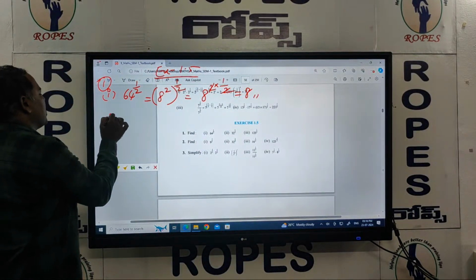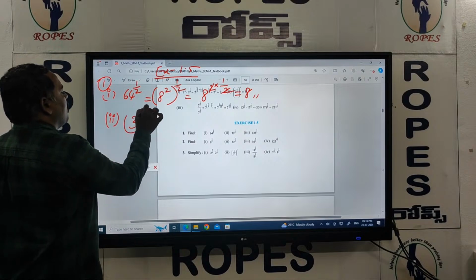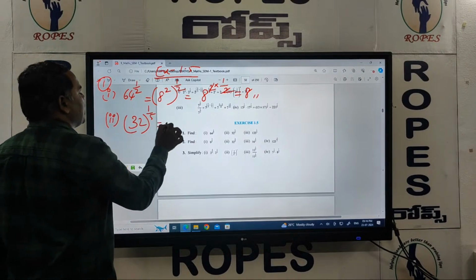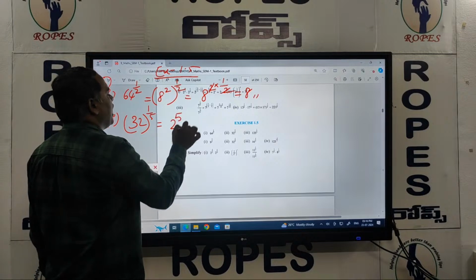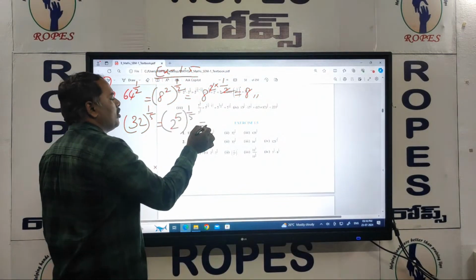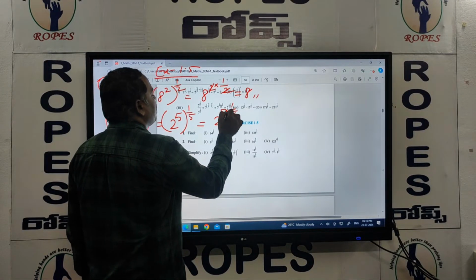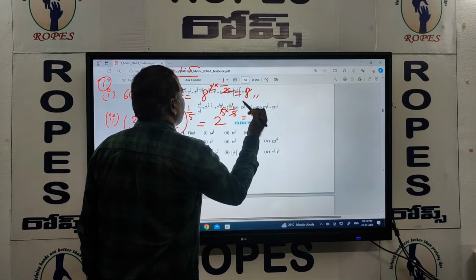Next, second one. 32 power 1 by 5 is given. 32 we can write as 2 power 5 whole power 1 by 5. It is in the form of a power m whole power n, so we can write 2 power 5 into 1 by 5. The 5 gets cancelled. Then 2 is the answer.